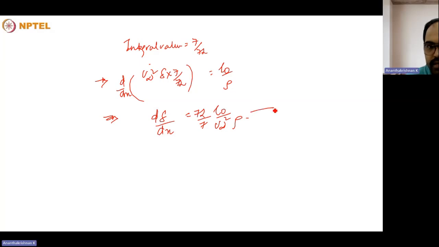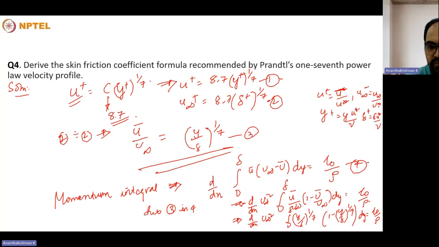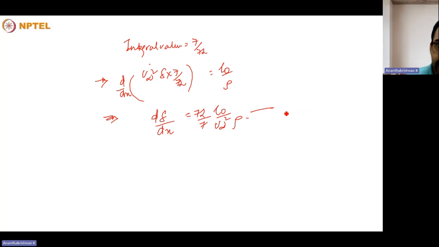So this is one relation between delta and the shear stress. Then you need another relationship to find the value of shear stress. If we can get the shear stress in terms of delta, then we can substitute and calculate the value of delta straight away. And once you get the value of delta, you can back substitute to get the value of shear stress. Either way, you can calculate it.